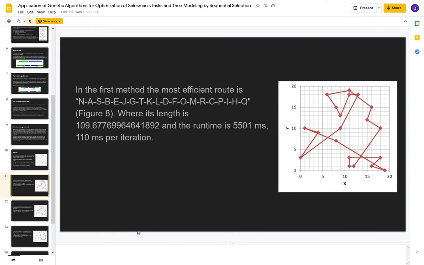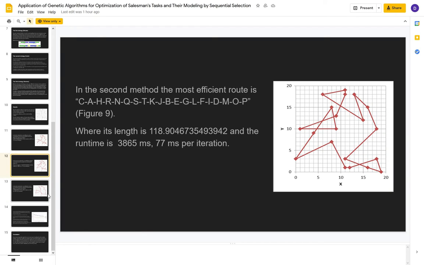In the first method, the most efficient route is NASBEGTKLDFOMRCPIHQ, figure 8, where its length is 100.69 and the runtime is 5,501 milliseconds, or 110 milliseconds per iteration.